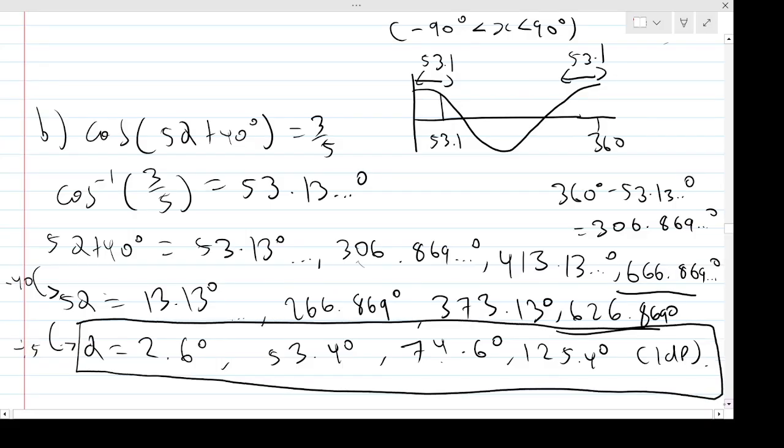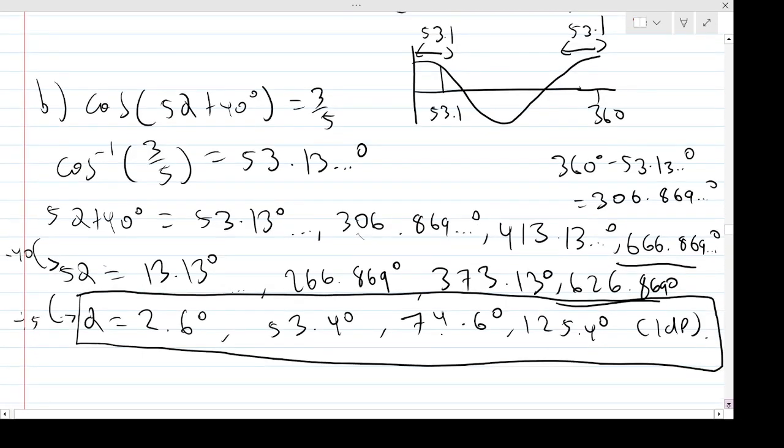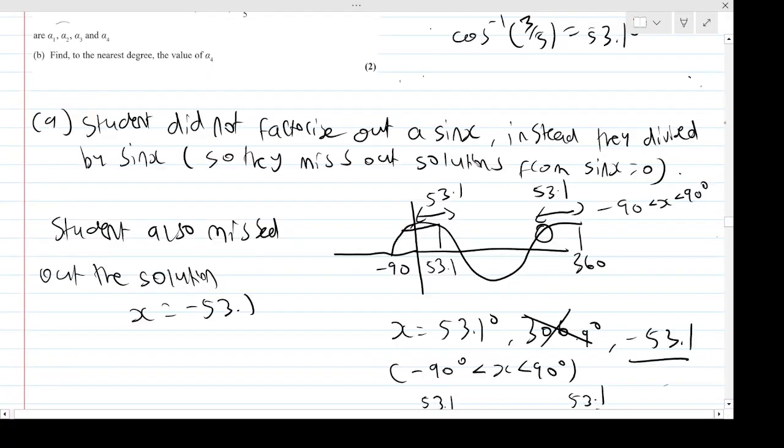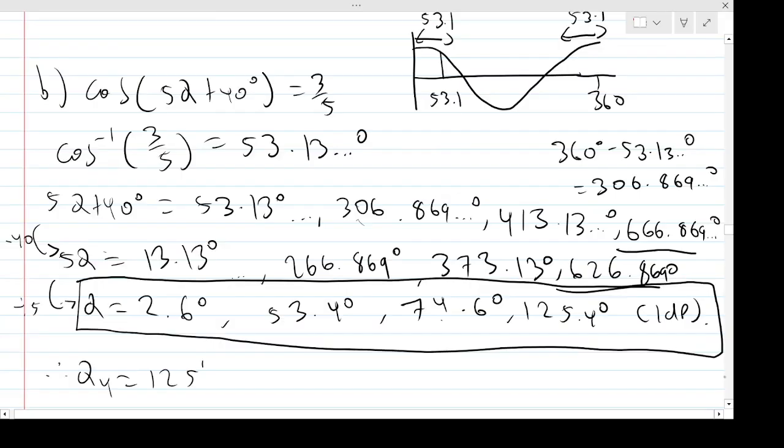The 4th one in the list is this 125.4, right? So therefore, alpha 4 is 125.4, but it said as well, by the way, to the nearest degree. That means basically the nearest whole number, which is 125 to the nearest degree, and that is my answer.